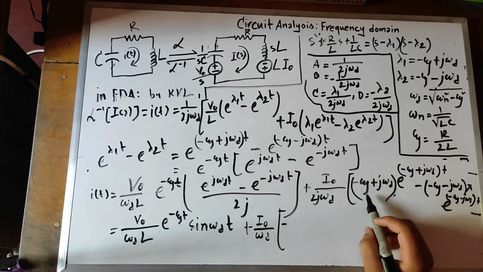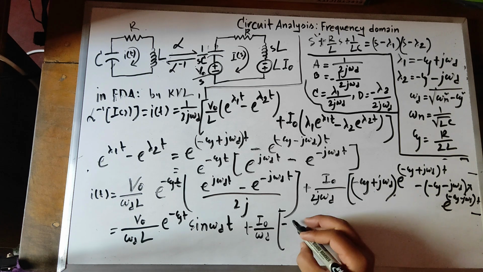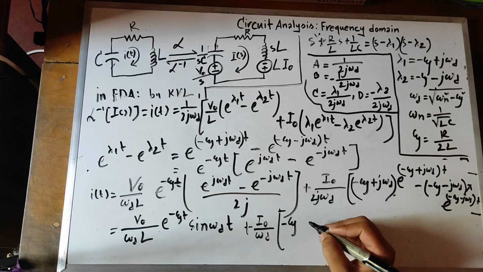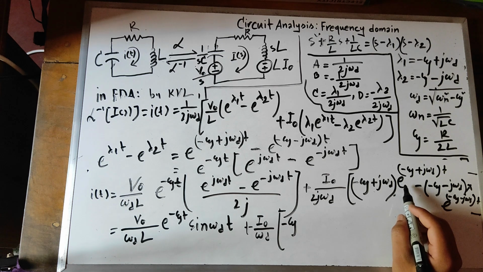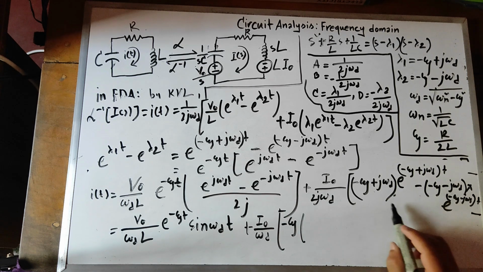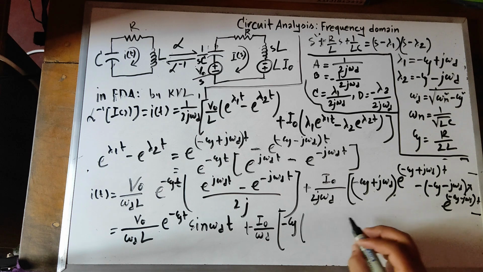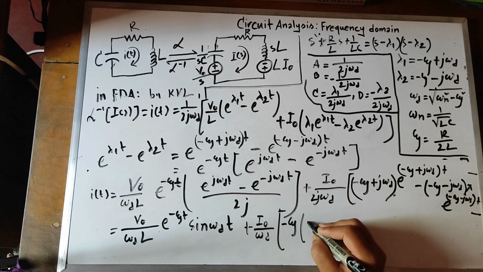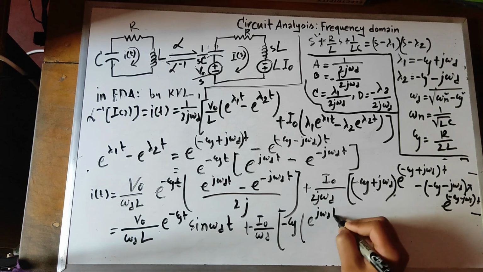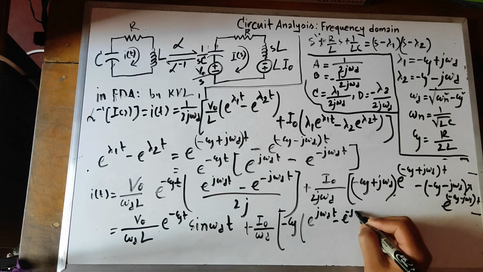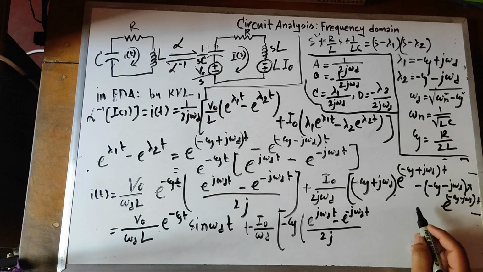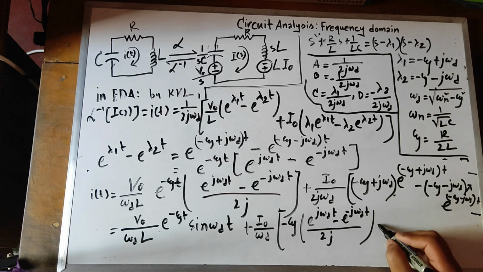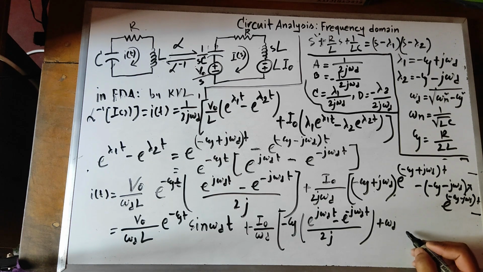So here minus psi, and here is also minus psi, so taking minus psi common, the exponential j omega d t minus e to the power minus j omega d t by 2j, and plus omega d.